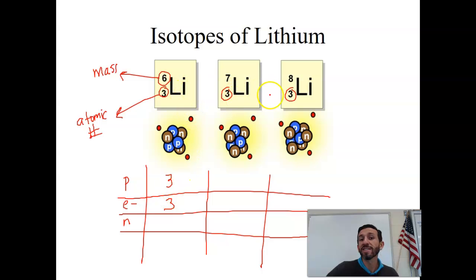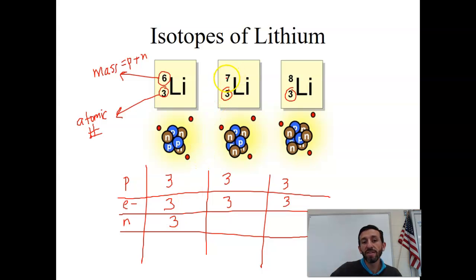Because these are all the same element, they're all going to have the same number of protons and electrons. Now mass is protons plus neutrons. Okay, so here I have a mass of 6 and I have 3 protons. So 3 plus neutrons gives me 6. I must have 3 neutrons.